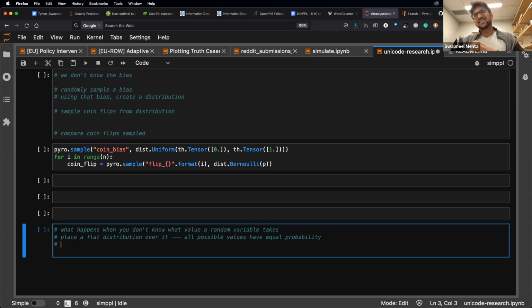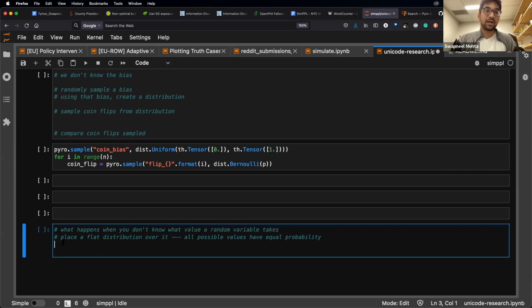How do I go about this? I want to understand what possible coin biases could have produced this data. And in order to do that, I have to change the values of coin biases, and I will change the values and compare. Yeah, I think this is the right way to go about it.